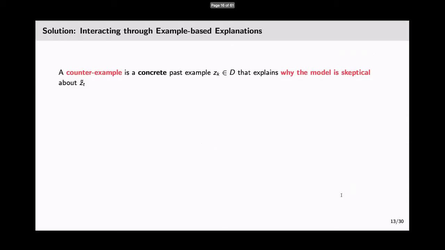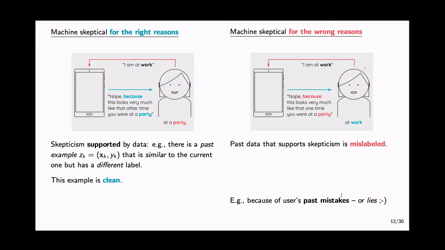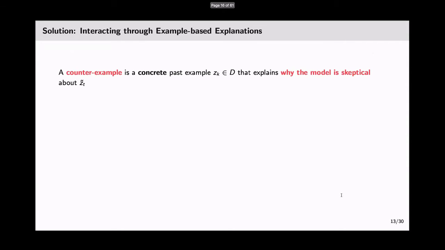So how can we overcome this problem? How can we solve this black box problem and also solve the problem that we may have a noisy example in the training set? So the idea is that when the machine is skeptical, we also provide some counterexample. What is a counterexample?